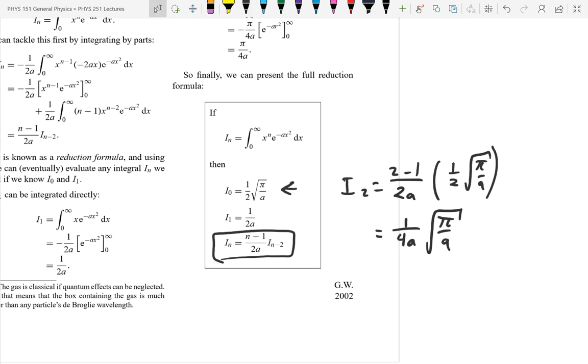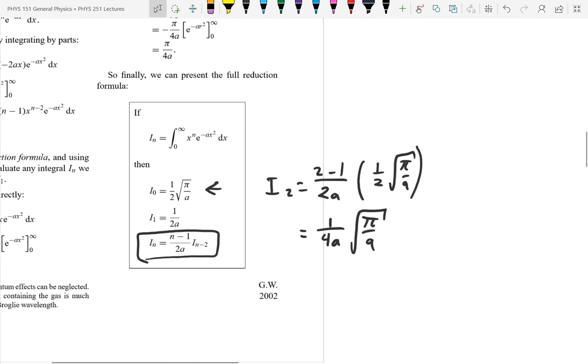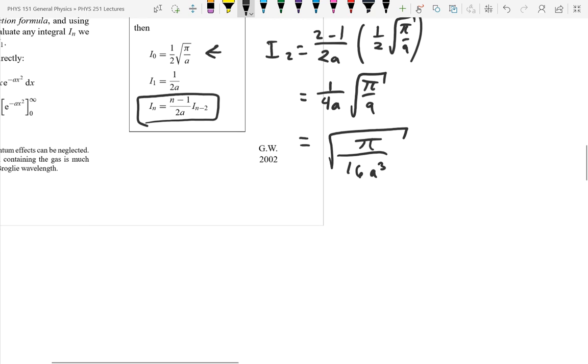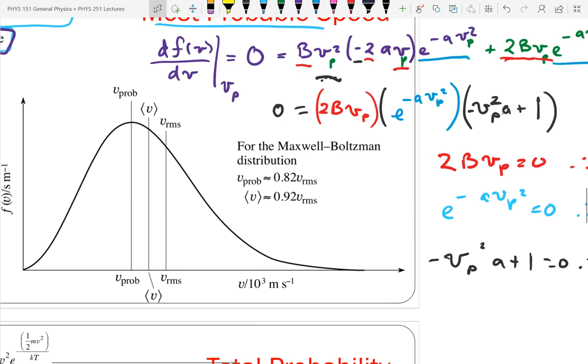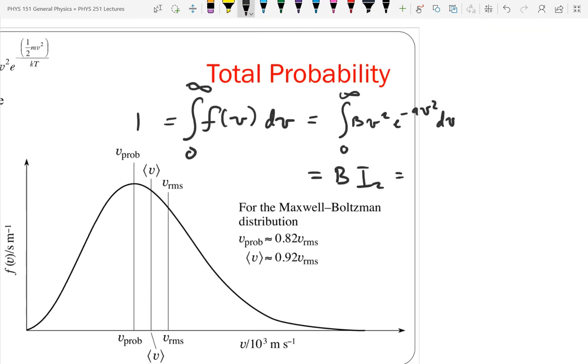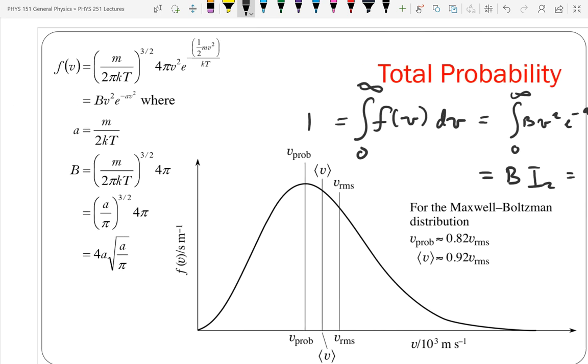Can I write that in a simpler fashion? I like to put all my numbers inside of the square root, so that would be putting all the numbers in the square root. So square root of pi over 16a cubed. Now, what is b?